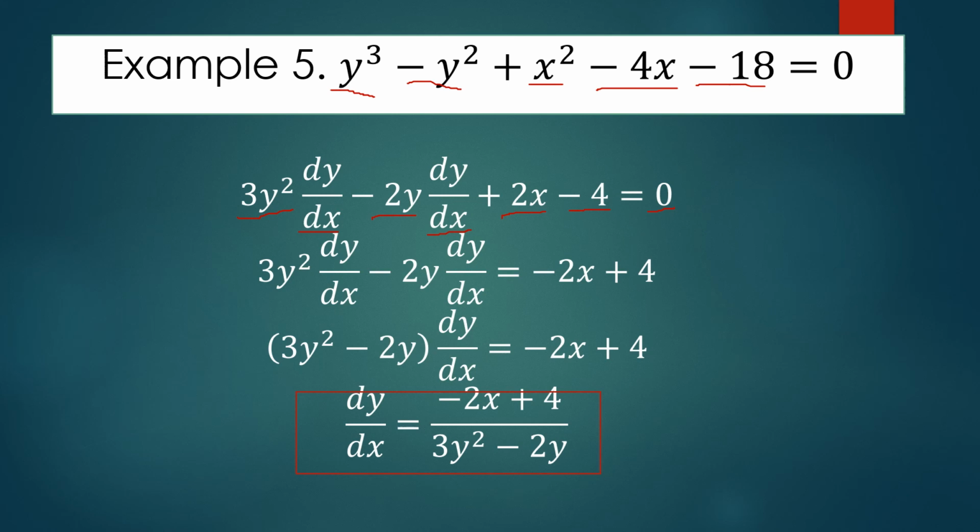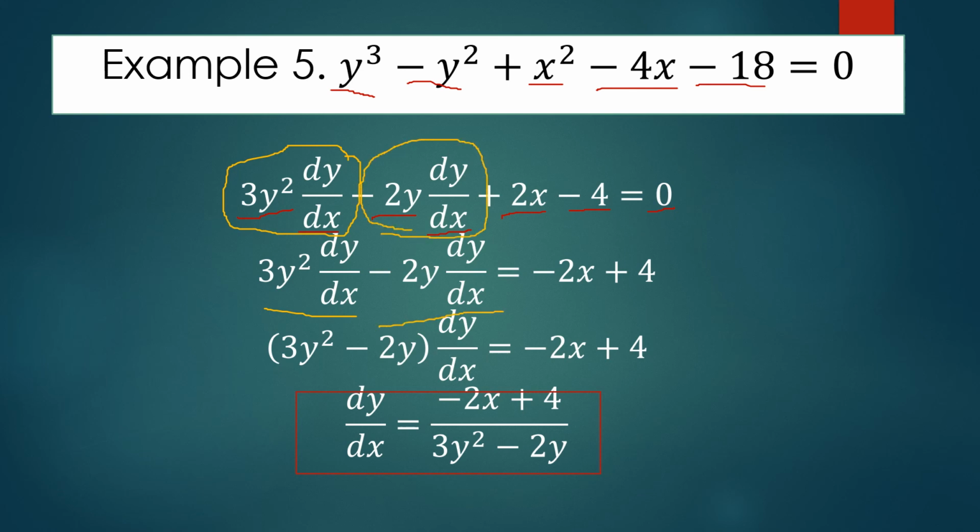Ilagay natin sa left side at yung mga walang dy over dx ilagay sa right side. Okay, so we have here the term na merong dy over dx. We have 3y squared dy over dx. Okay, sulat natin. And also, negative 2y dy over dx.